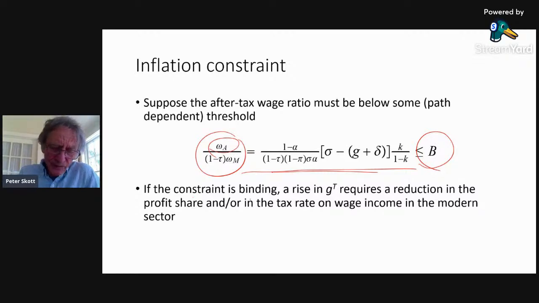You can now see that if this is a binding constraint, and if you were to increase G, then you'll have to do something. It was a binding constraint, and now you are increasing G, and that will require an adjustment in taxes.